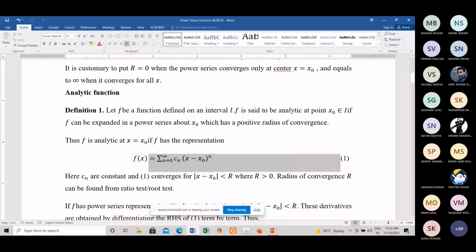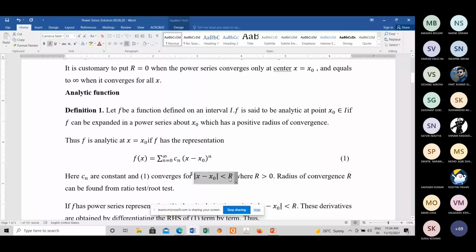For x in an interval (a, b), that interval may be like this also: modulus of x minus x naught less than r. You all know the meaning of this. It means x is in the open interval x naught minus r to x naught plus r.